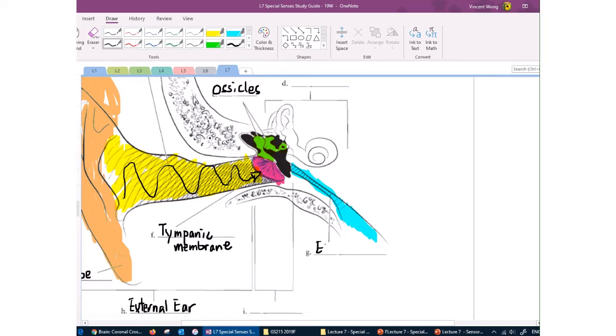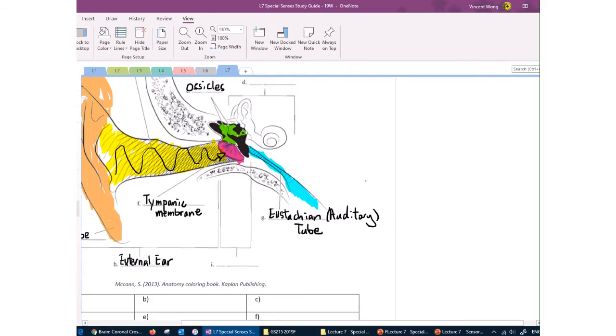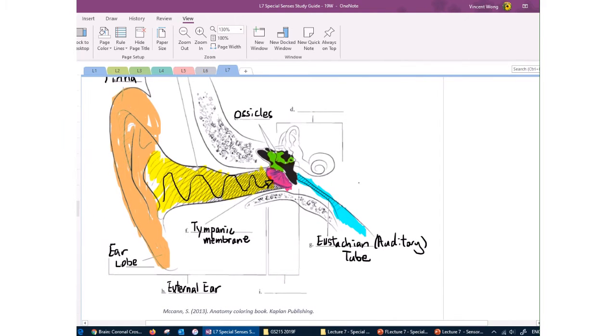So this is called the Eustachian tube, or more simply, the auditory tube. The function is to equalize the pressure with the surrounding environment. You might have experienced your ear plugging up as you are going up in an elevator, or if you're on a plane.